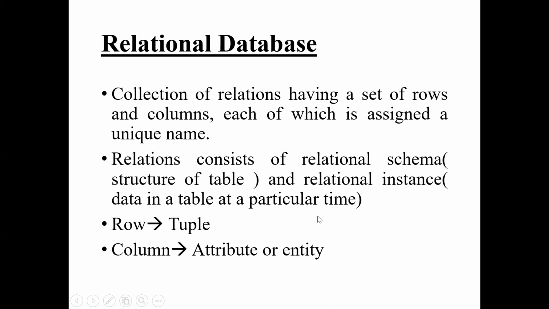These are technical terms related to the database management subject itself, because database management is a proper subject with a lot of things to study. In your subject, it is just an introduction. So in database management, instead of saying row, we say tuple, and for column we say attribute or entity, or we have records. So this is all about a relational database.